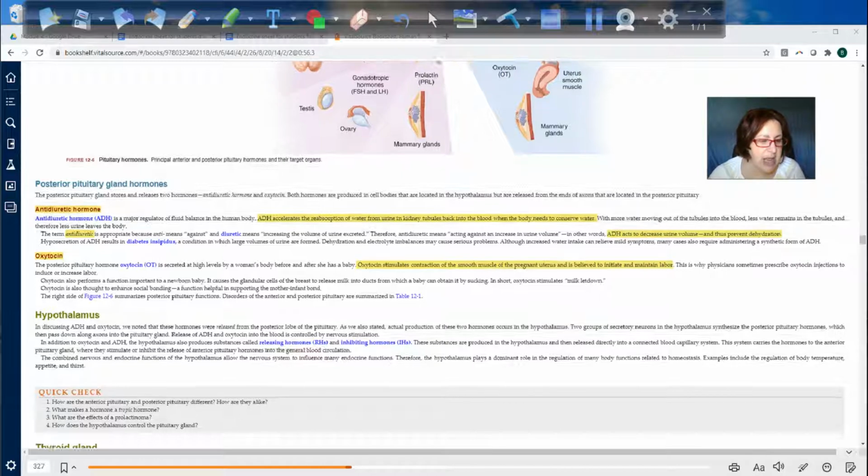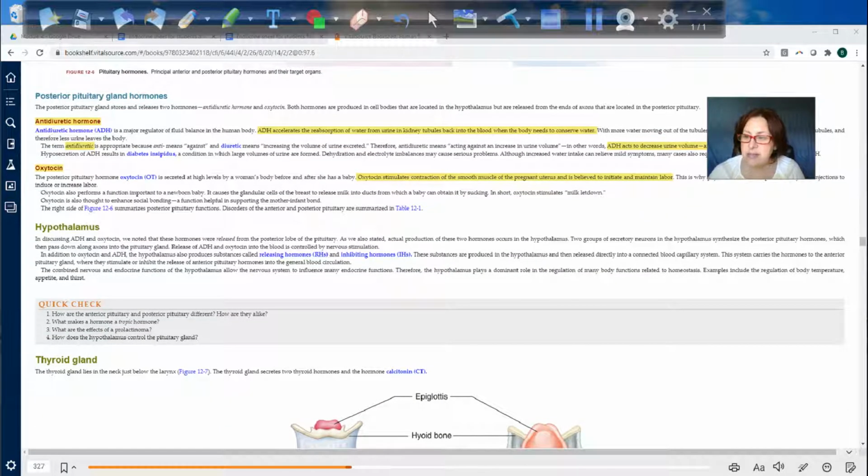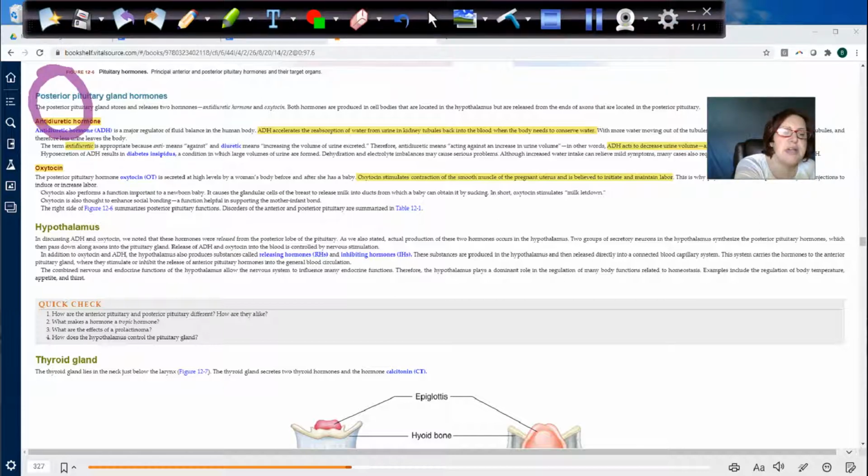Okay. The hypothalamus is really interesting. I'm going to step back because I didn't say this. Your posterior pituitary gland stores and releases these two hormones we just talked about.